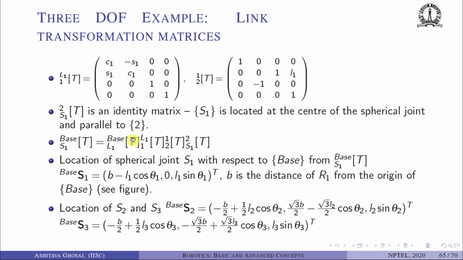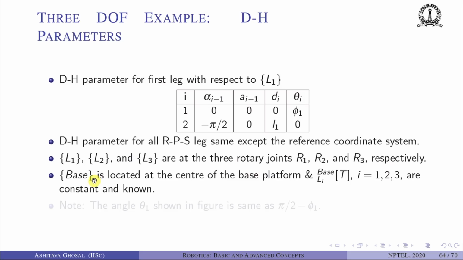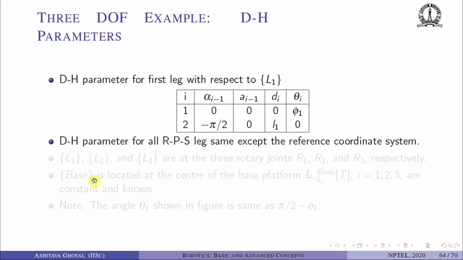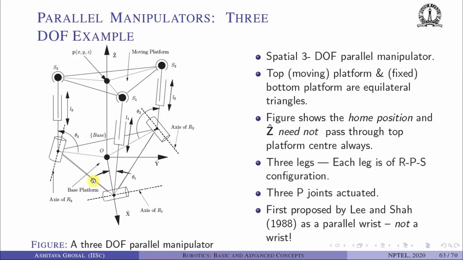Likewise, we can multiply this out, and what you can show is the base to S1 position vector. We go along this, then along this, and then go to this.